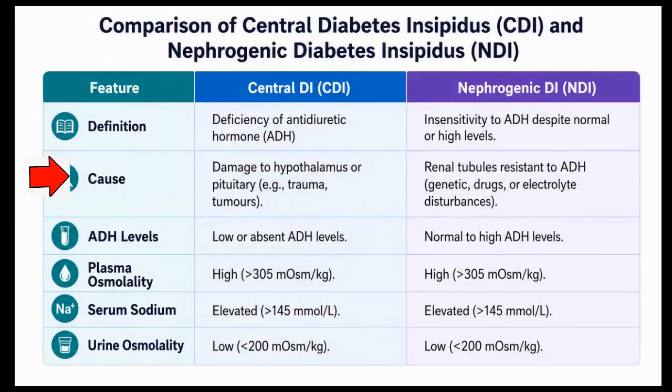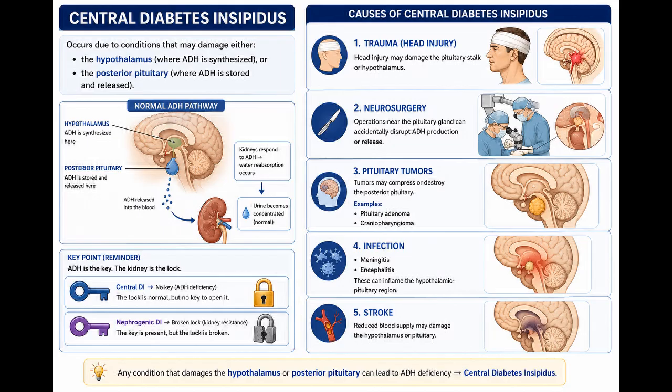2. Cause. Central diabetes insipidus. In conditions that may damage either the hypothalamus, where ADH is synthesized, or the posterior pituitary, where ADH is stored and released. Such as trauma. Head injury may damage the pituitary stalk or hypothalamus. Neurosurgery.